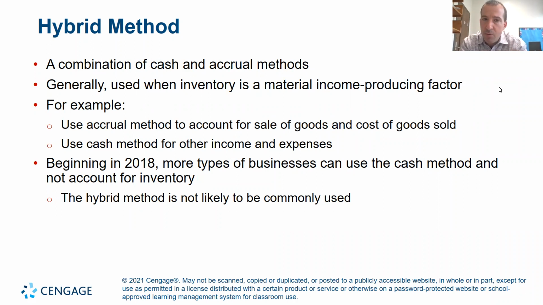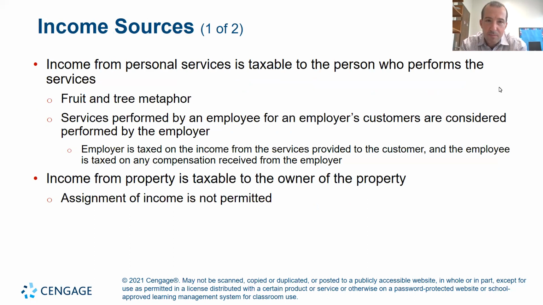So maybe you want to use this hybrid method where the inventory sales will be based on the accrual method, which is income is calculated when it's earned. And for your other services, maybe you have maintenance services, things like that, you're going to recognize based on the cash basis, which is income is recognized and reported when cash is received.